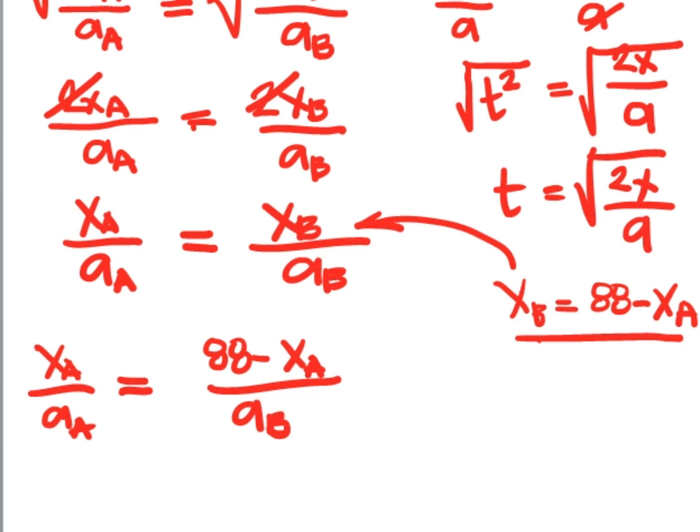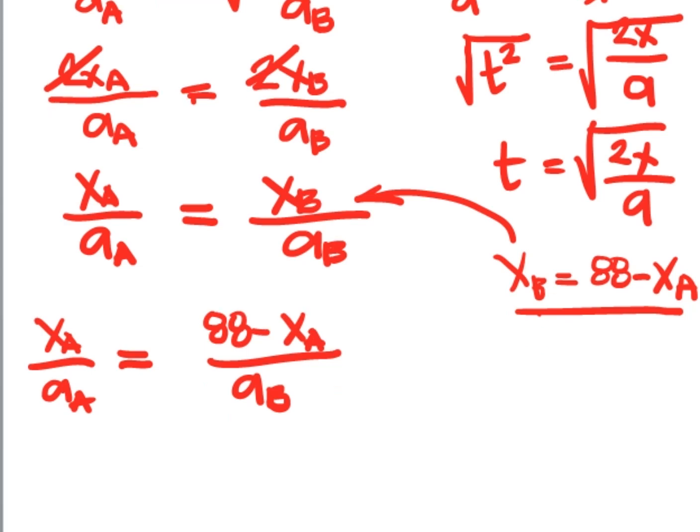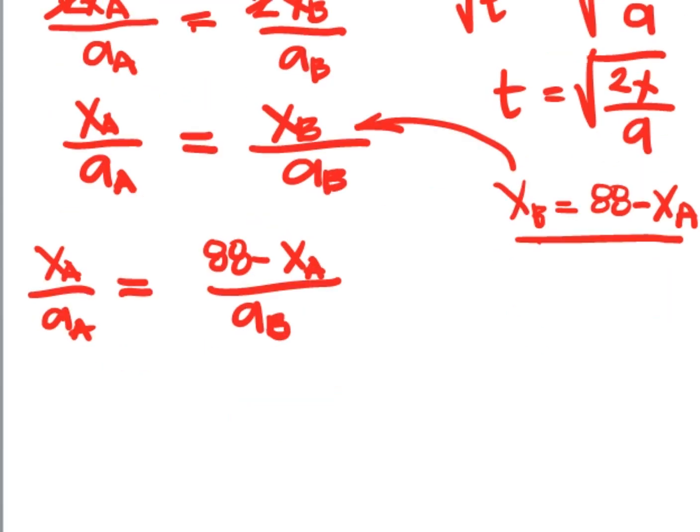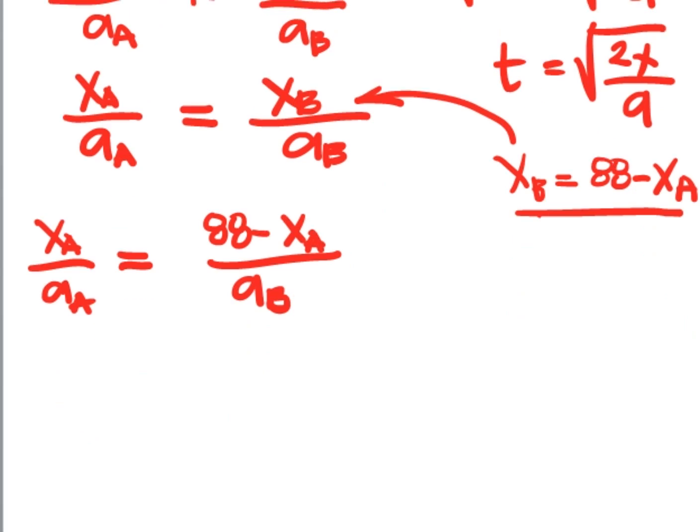So what we need to do is just to substitute the given. According to the given accelerations, the acceleration of car A is 0.3 meters per second squared.